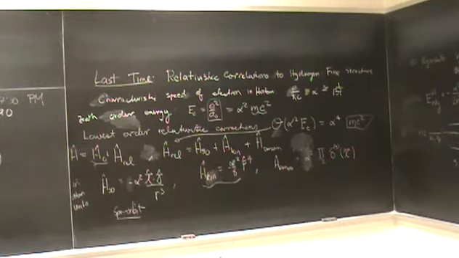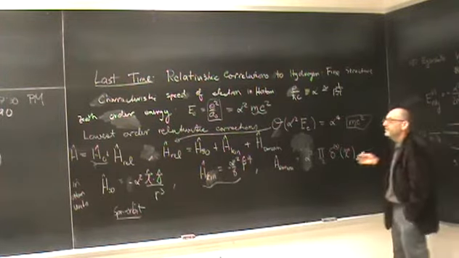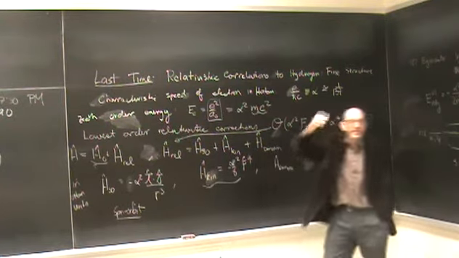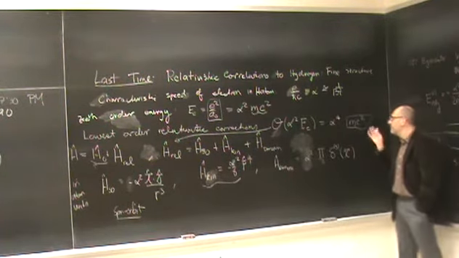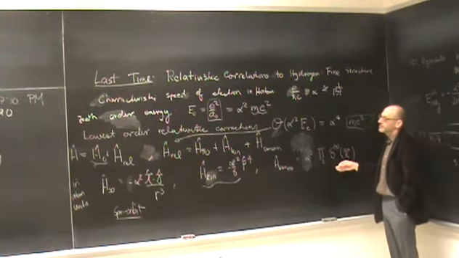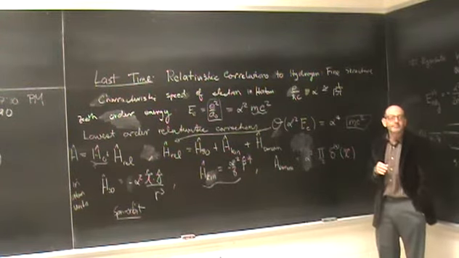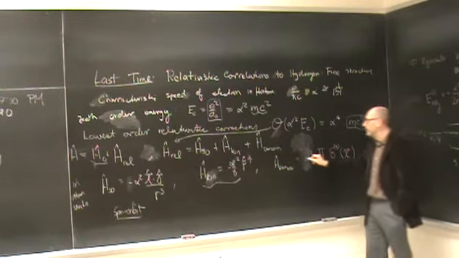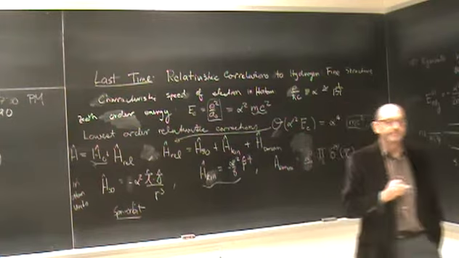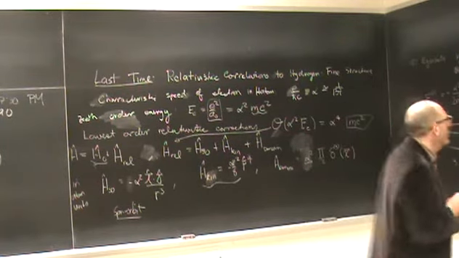The combination of those to lowest order gives this so-called Zitterbewegung, which gives this smearing out of the electron position that gives this extra term, which is known as the Darwin term. And they're all of this order, alpha squared, in atomic units.